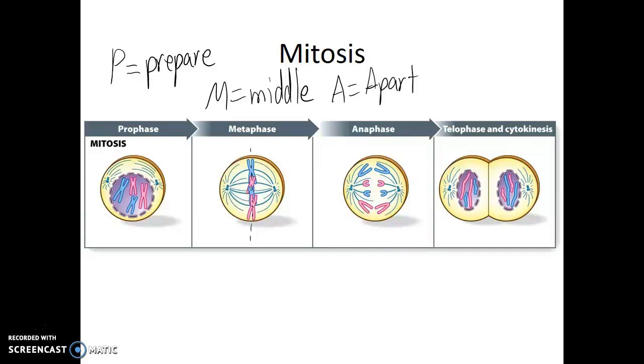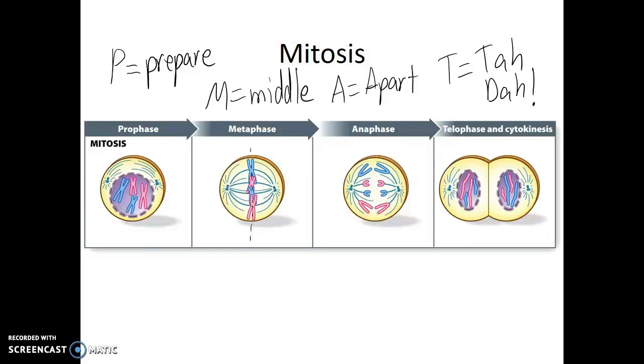They move apart towards opposite ends of the cell. And then lastly, telophase, well, T stands for ta-da, because it's the end, it's the last step. The nuclear envelopes reform, the chromosomes decondense, and we have a divided nucleus.